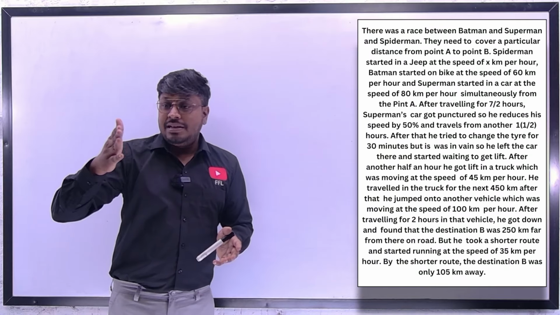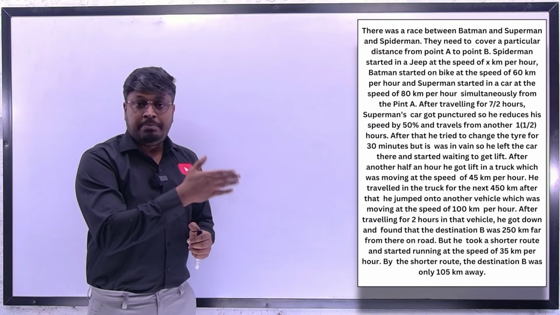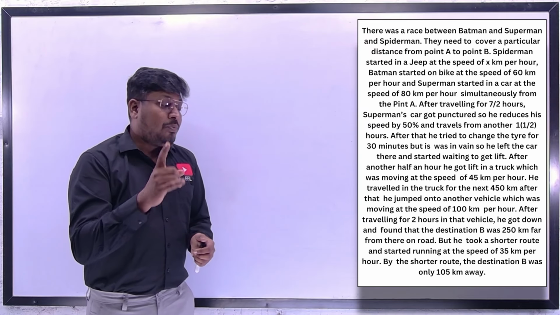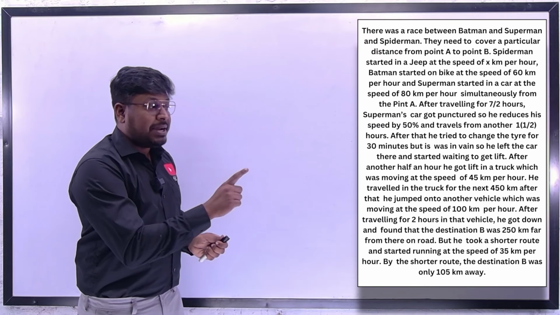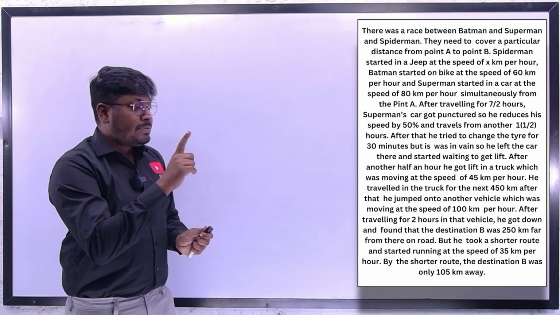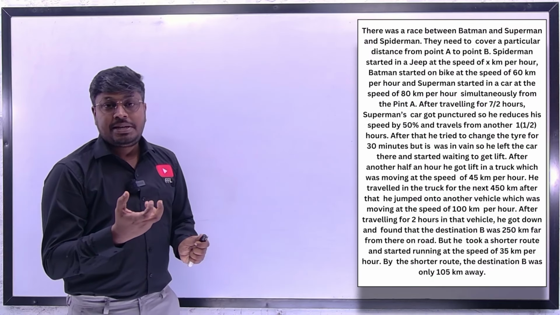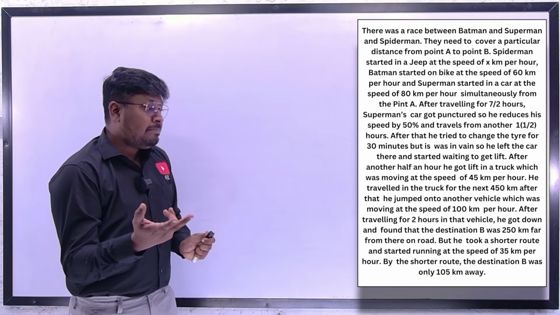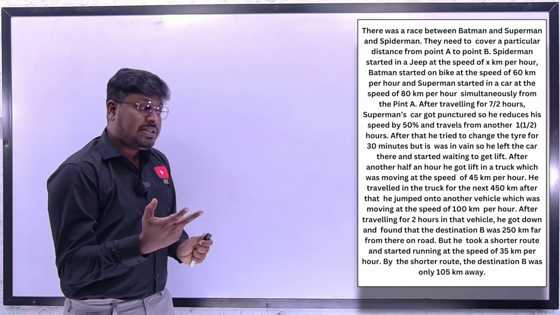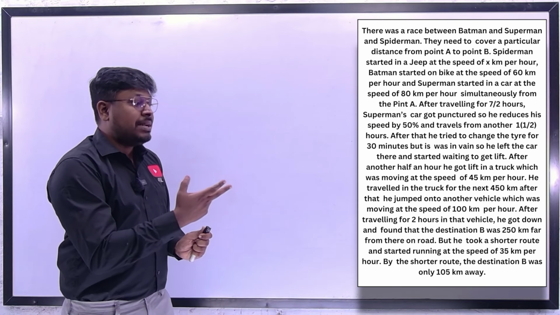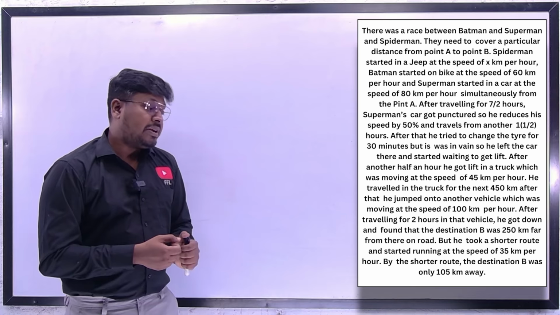These are the things you have to learn to solve a question based on races. I think this is also a race concept, because 3 persons are starting the race from point A to point B, and one person's speed is not given, that is Spider-Man, whose speed is X km/h. But the second person, Batman's speed is 60 km/h, and Superman's speed is 80 km/h.